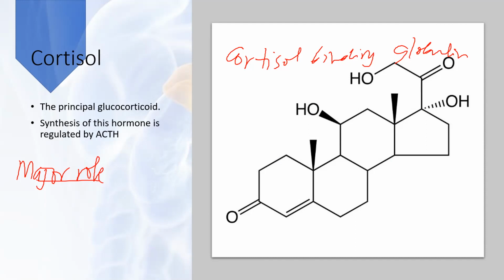Maliwanag po tayo na a major role ni cortisol ay ano? To promote glucose production from proteins and other amino acids. And aside from that, to enhance protein metabolism or protein breakdown.